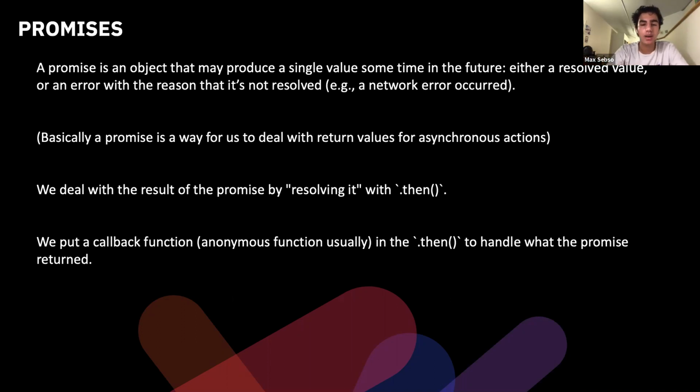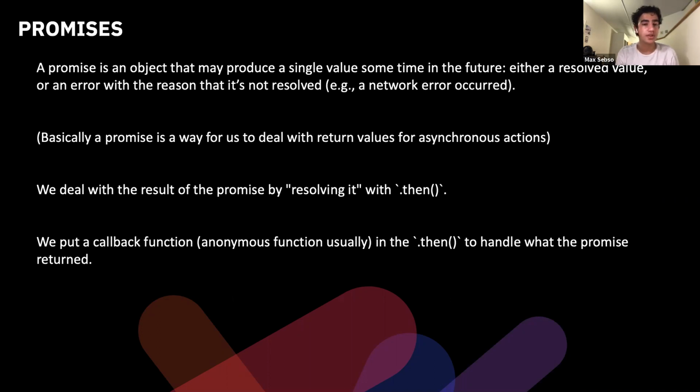When we're dealing with a promise, we need to resolve our promises with a .then call. You can think of this promise as something that we need to resolve. We're promising to resolve this request in the future.